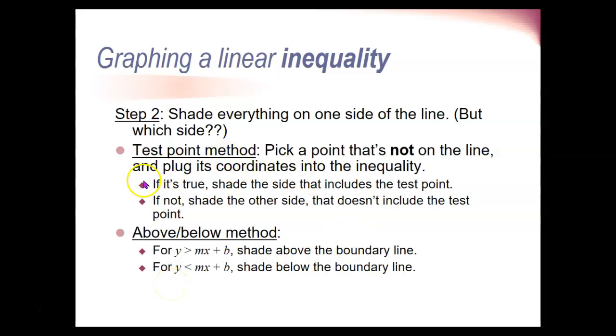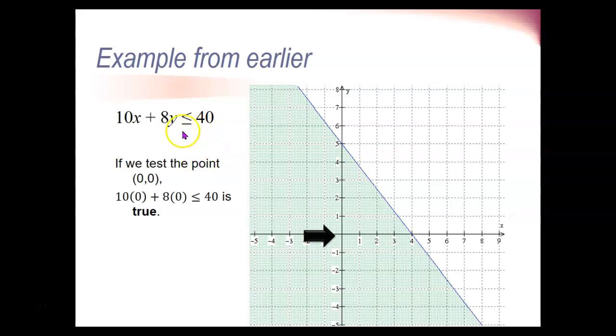But for the test point method, in the example from earlier, if I test the point 0, 0, which is often a really easy one to work with, that's a good one to use here. If I plug in 0 for x and 0 for y, then it says 10 times 0 plus 8 times 0 is less than or equal to 40.